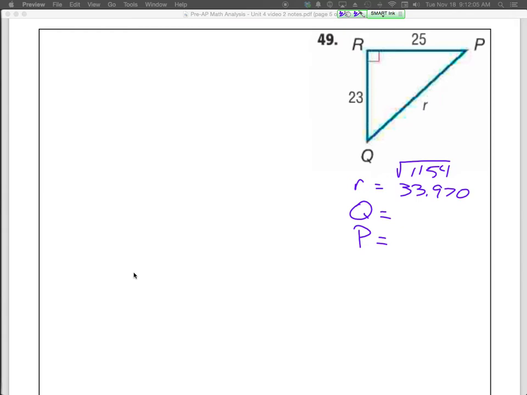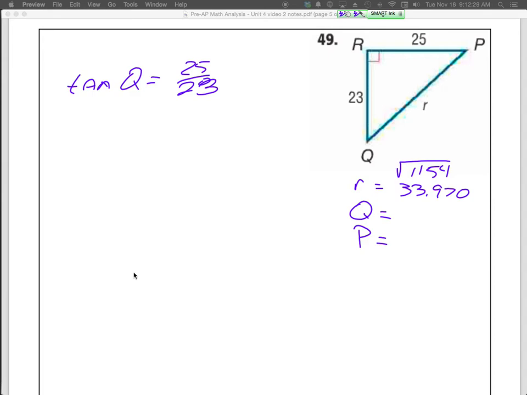Sine. No. Tangent. So I want tangent of Q equals 25 over 23. And since I'm looking, Colleen, since I'm looking for an angle, that tells me I'm going to use what? I'm going to use the inverse. Very good.